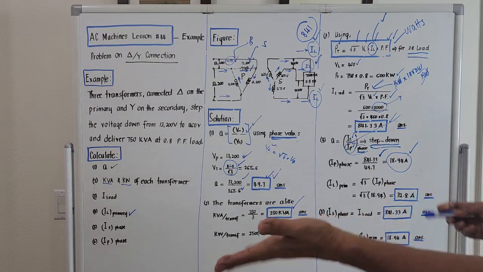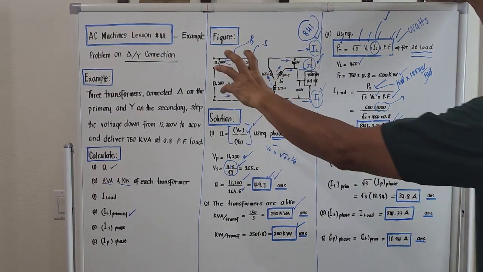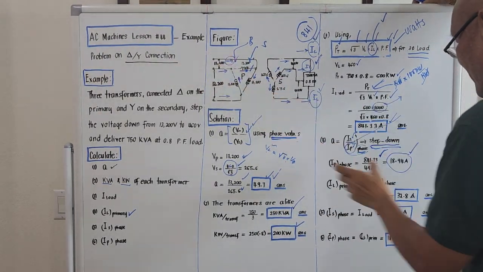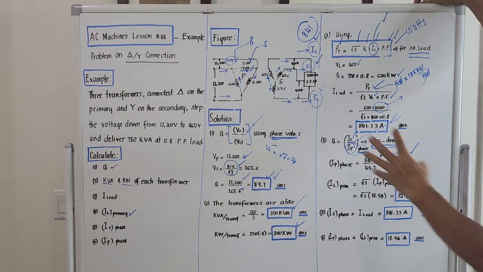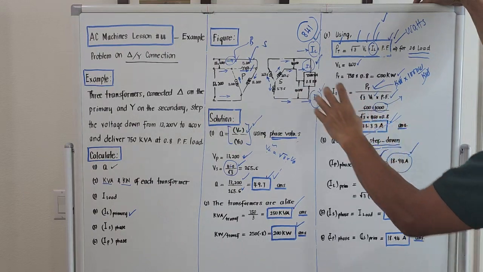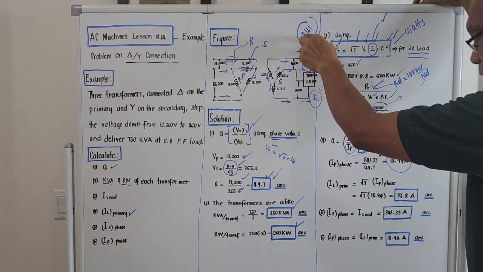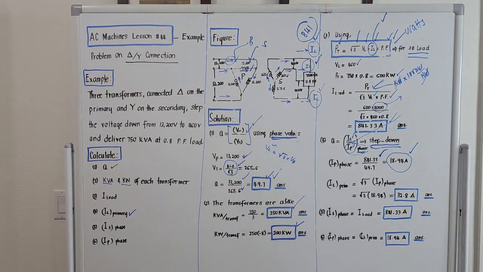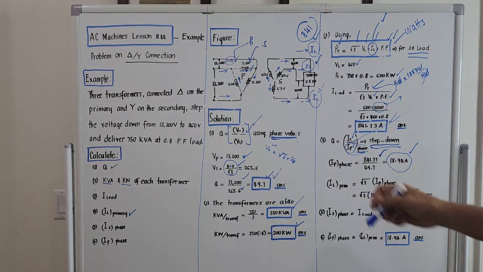Okay, you see the difference? The primary side is high voltage, the resulting current is small. So big voltage, small current. On the secondary side, small voltage, big current. Right? So the problem is asking for the line current on the primary.